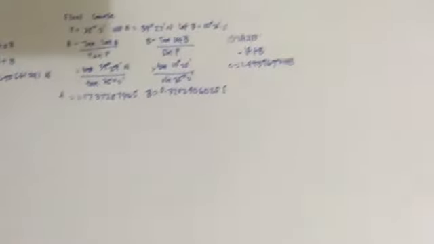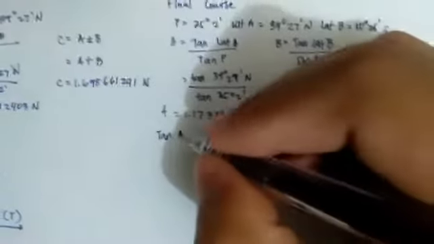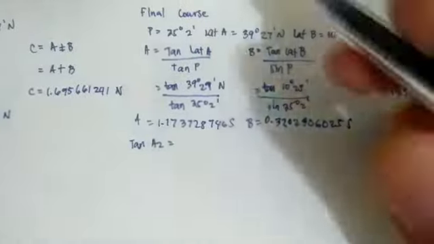Since we already have the final course A, B, and C, we need to use the tan AZ to find the degrees of our final course.